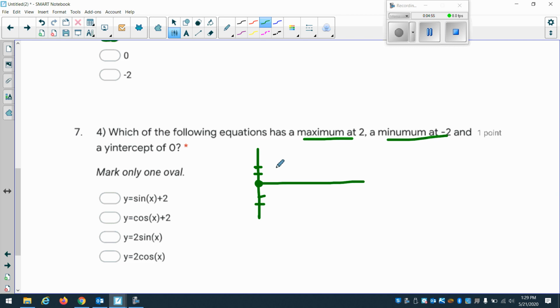So when I start my sine function, I start at 0, then go to 2, back to 0, to -2, back to 0. The y-intercept is 0 because that's where you're starting, 0, 0. So the graph here is y equals 2 sine of x.